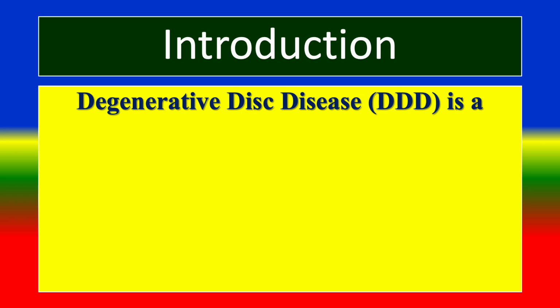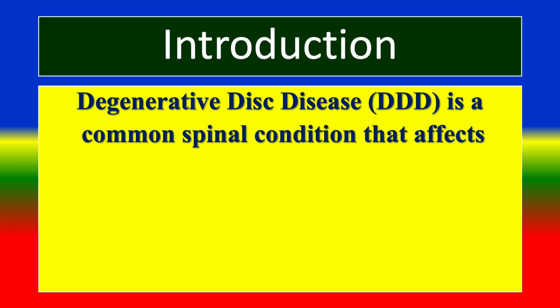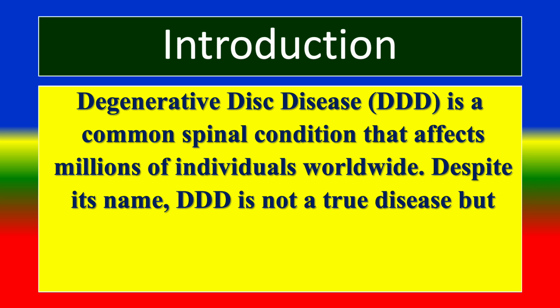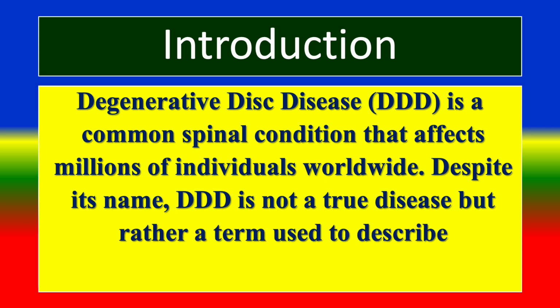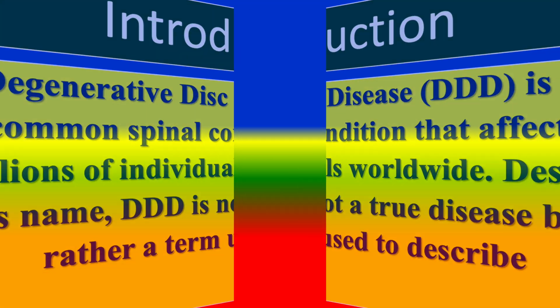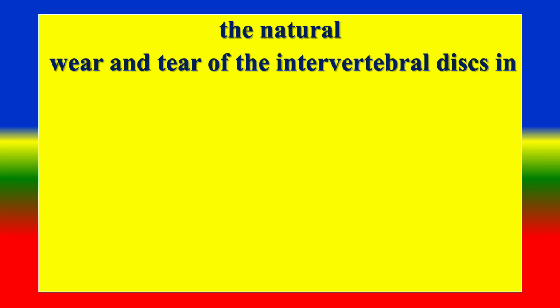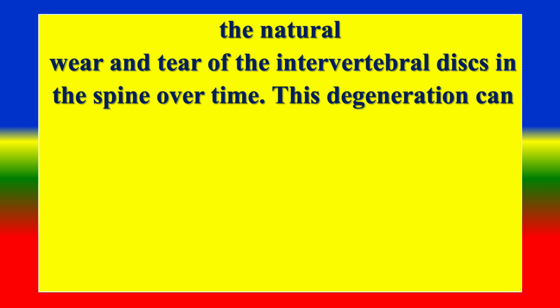Introduction. Degenerative disc disorder is a common spinal condition that affects millions of individuals worldwide. Despite its name, DDD is not a true disease but rather a term used to describe the natural wear and tear of the intervertebral disc in the spine over time.